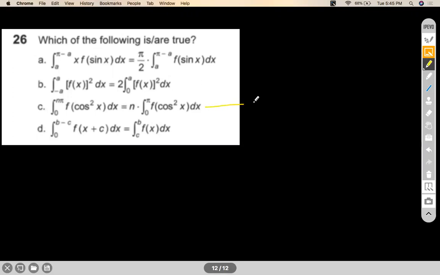The C1 is basically a true property because it is based on periodic properties of definite integrals, which is applied to periodic functions. So if a function, let's say cos square function, right?